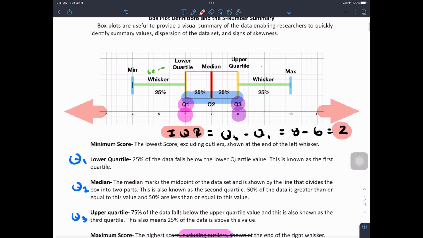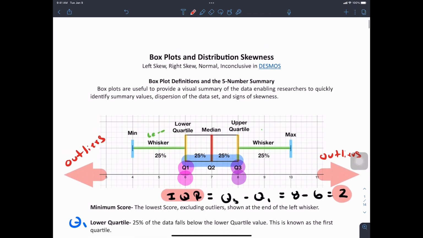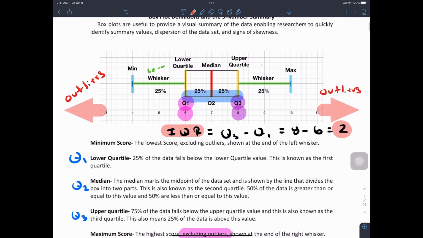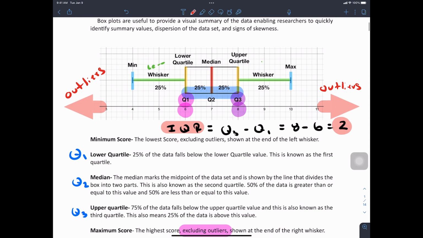So this is where the outliers will live. So you say, what's the story? We have no data. Well, you're going to see where I got my data. I don't think we have any data values that are outside, so that's why there are no outliers in this example. But that's the idea behind the outlier.